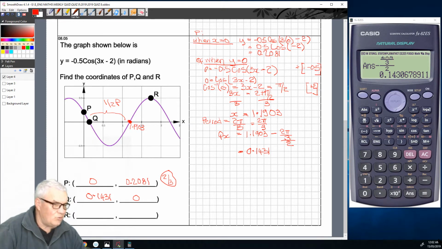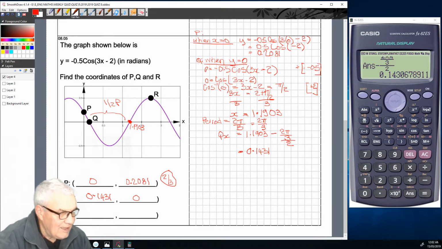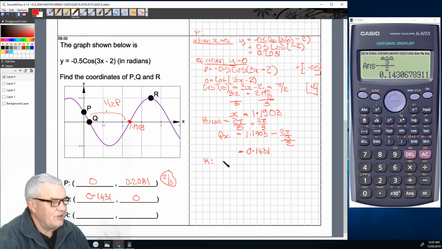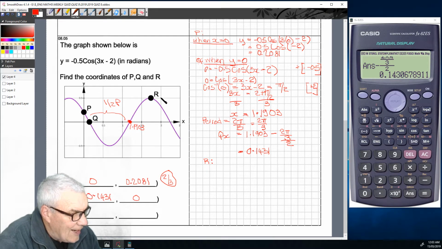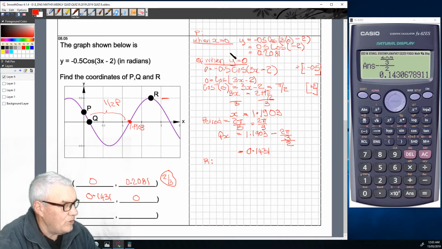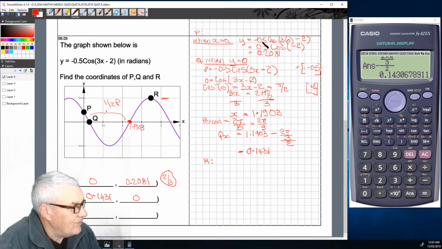Now, if we look at this one here, now we're going to find R. So we know at R that that's going to be the amplitude. We know that the amplitude is 0.5.